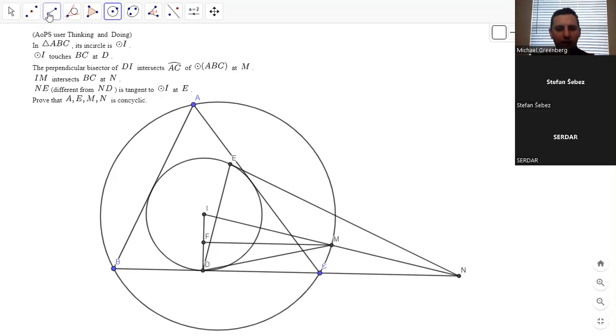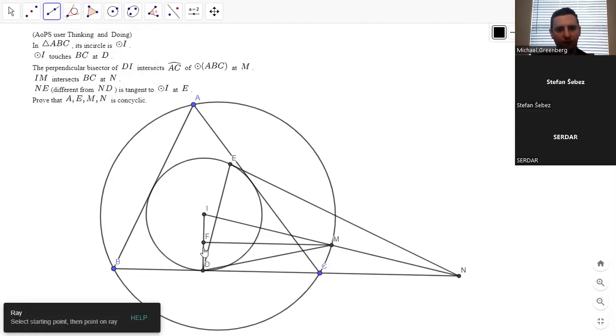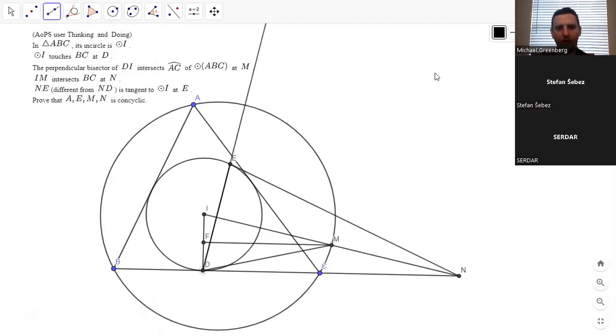Can you intersect AE with the circle? I guess on both sides or just up here? AE. Oh, AE, okay.